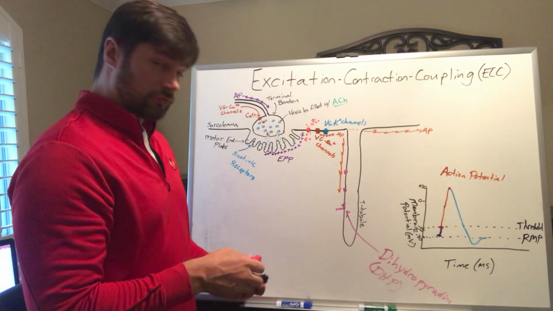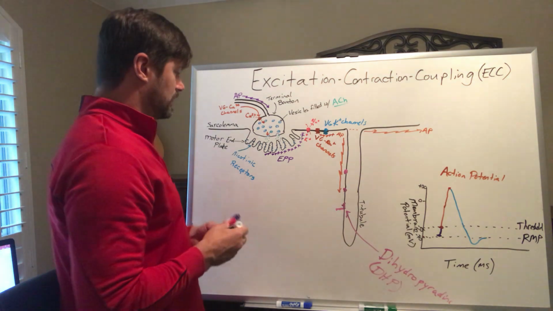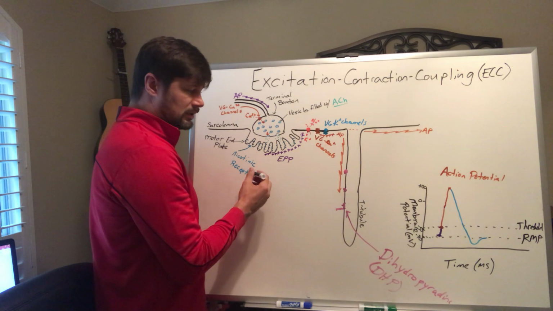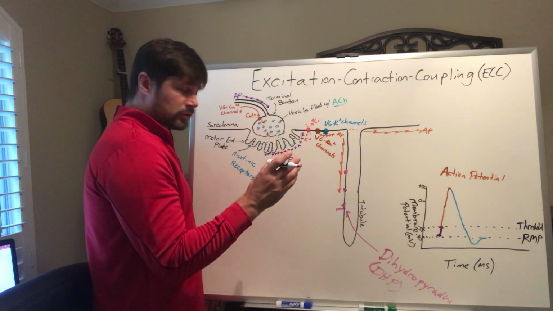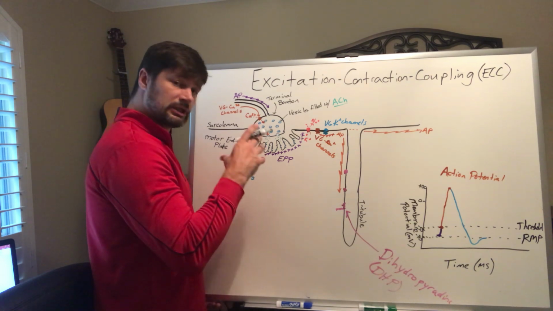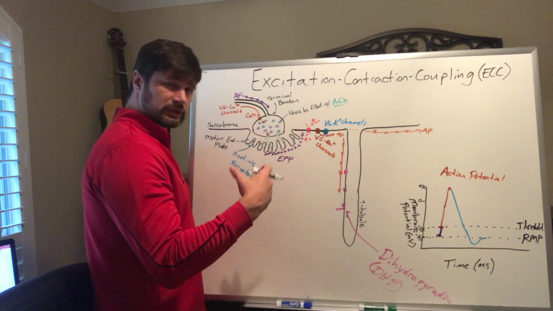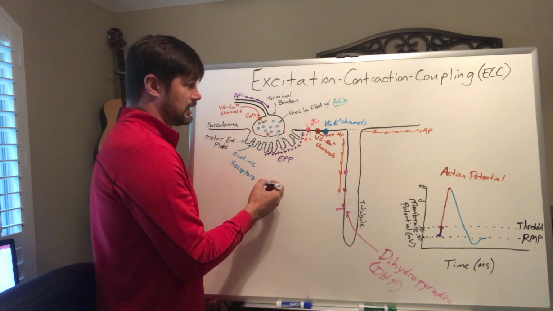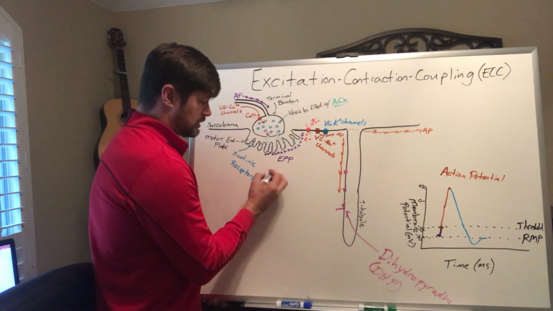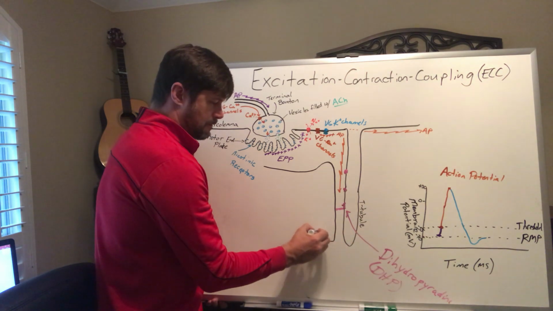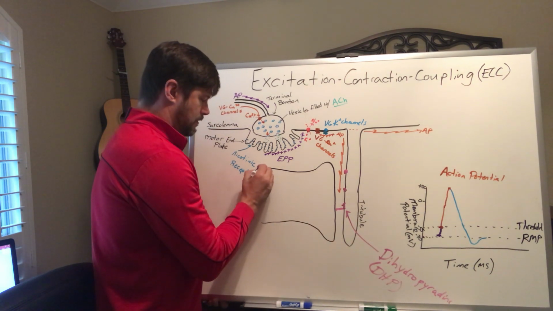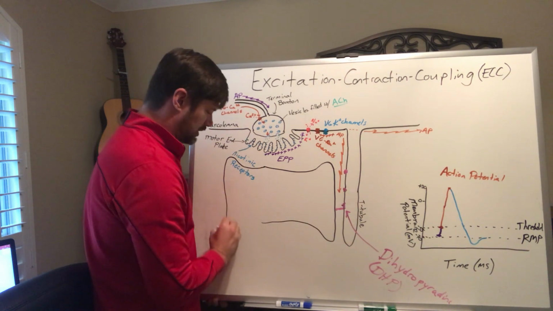All right, let's look at the rest of the anatomy of a muscle fiber. And inside of that muscle fiber, remember the functional unit of a muscle fiber is the sarcomere. But sitting on top of all of the sarcomeres, all these myofibrils inside of the muscle fiber, we have this interesting structure.